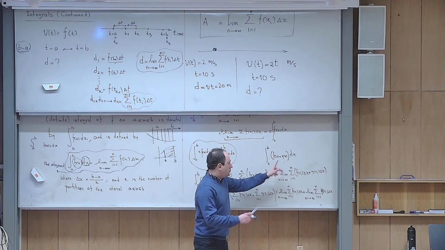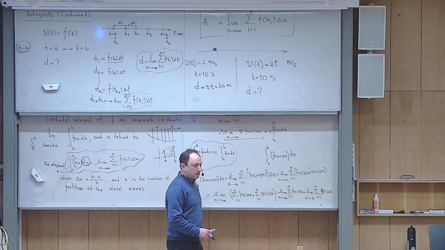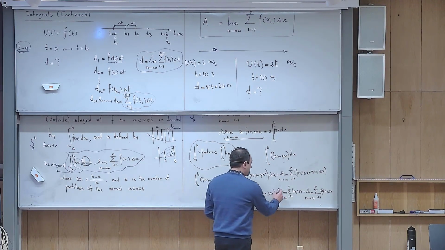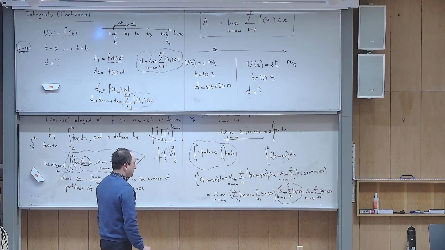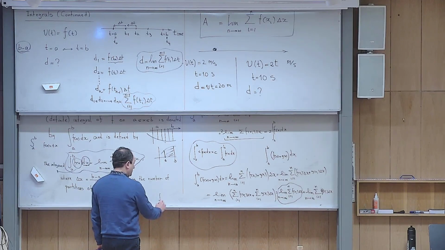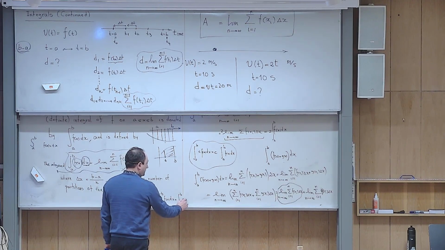Then I decomposed my sigma into two sigmas. Then I decomposed my limit into the sum of limits. But what can I write instead of the first one? It becomes the integral from a to b of f of x dx plus the integral from a to b of g of x dx.